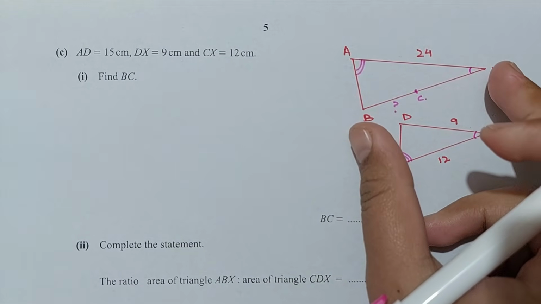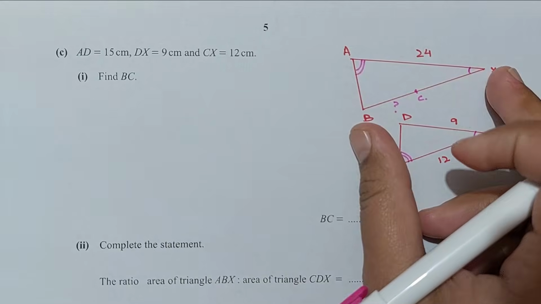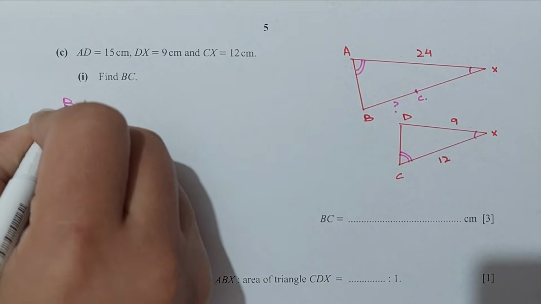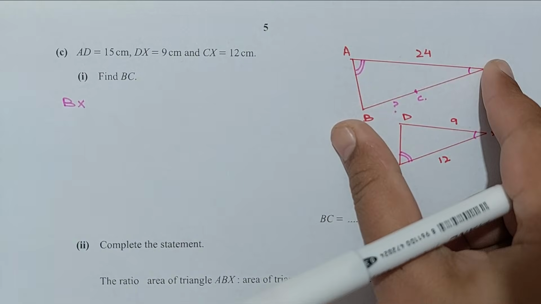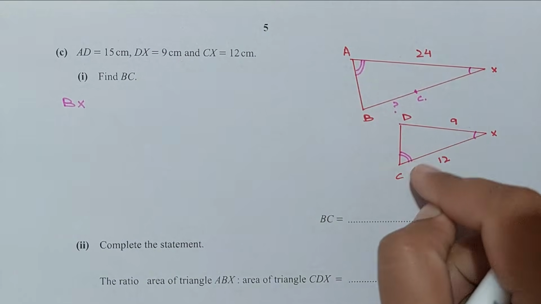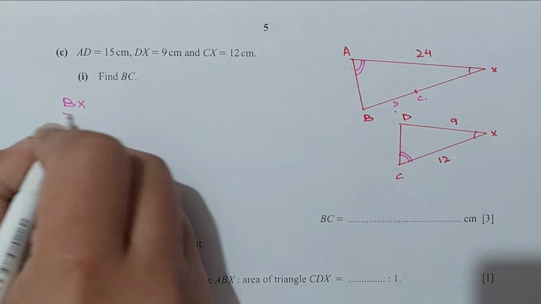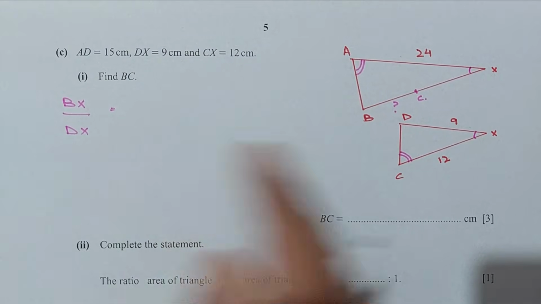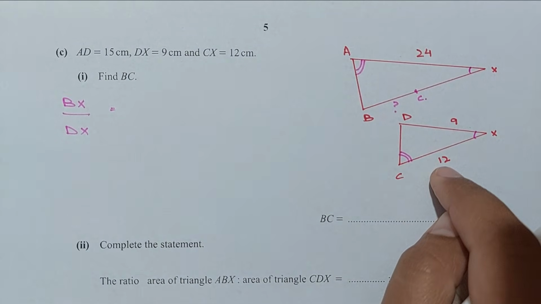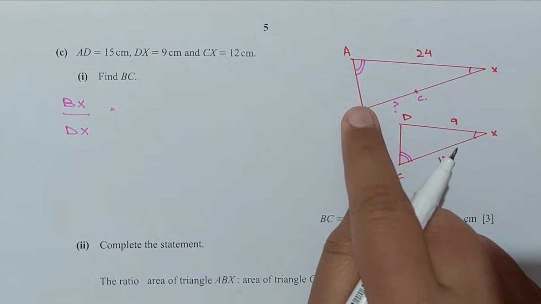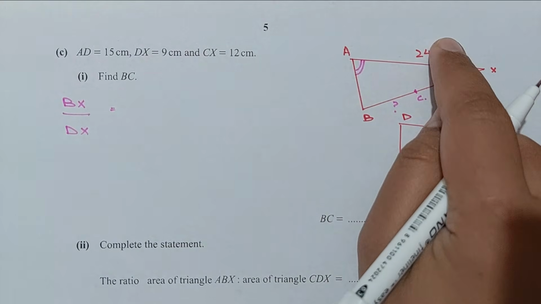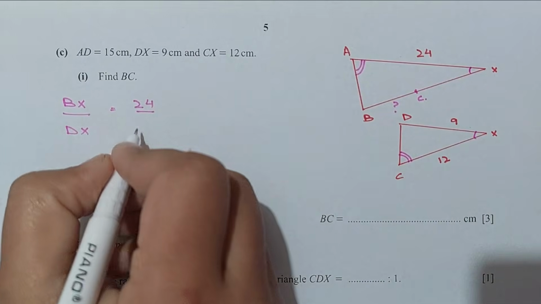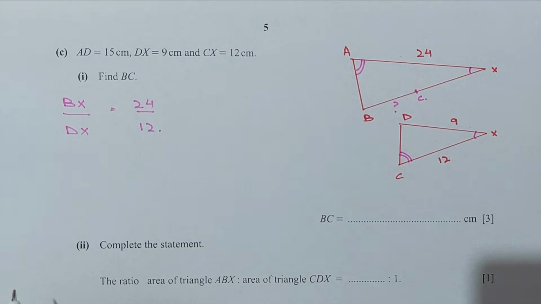All right. So if I can work with BX. BX is opposite the angle of A. So the length BX is opposite of A, and this length is DX. This ratio is equal to the given length, which is 24, opposite angle of B, and this opposite angle is 12.